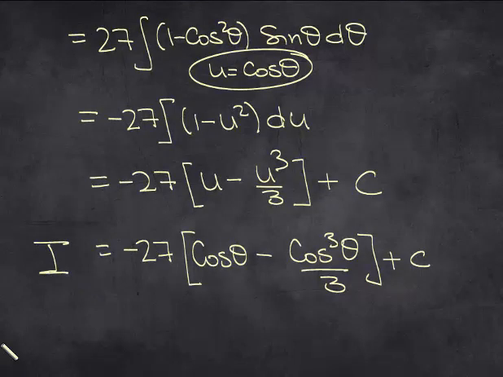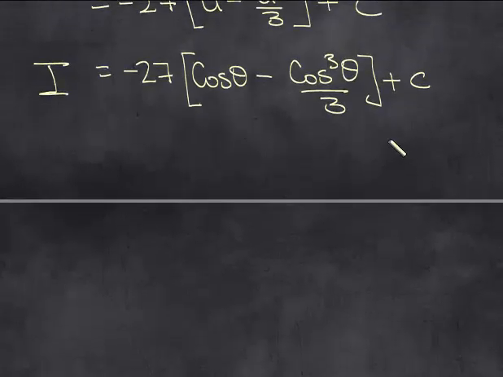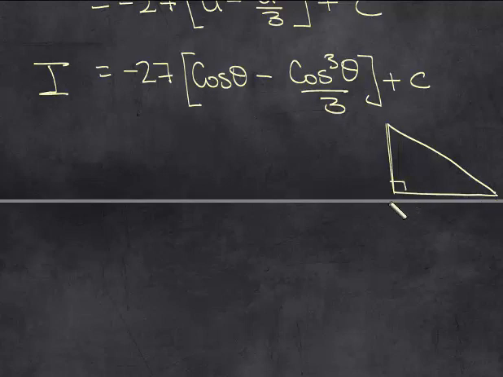Okay. I need to change it to x, and to do that we're going to do something we did in chapter 8. We're going to draw a triangle. So this is theta. We started with the substitution, what? X was what? 3 sine theta, correct? That's the substitution we started with. So what is sine theta then?